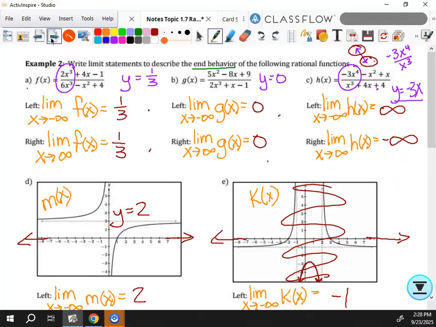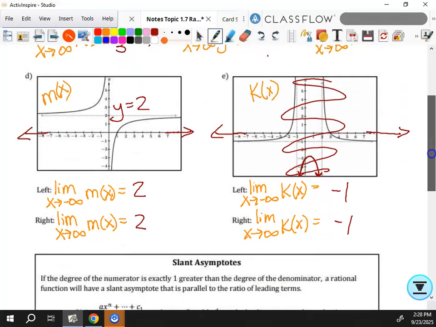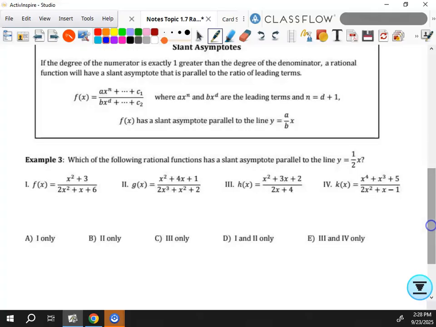All right, but to talk a little bit more about the slant asymptotes, I know I've said this multiple times, but if the degree of the numerator is exactly 1 greater, then you have a slant asymptote that is parallel to the ratio of the leading terms. Okay, that's why we only have to find the ratio of the leading terms, because that'll be parallel to whatever the actual slant asymptote is.